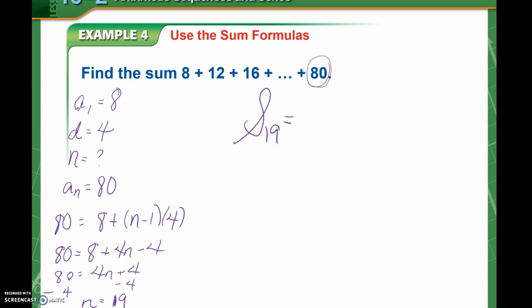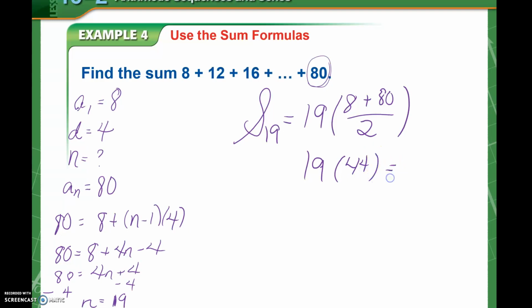So I would do n, 19, times the first term plus the last term, divided in half. So 19 times 44, and I believe that's 836. All right.